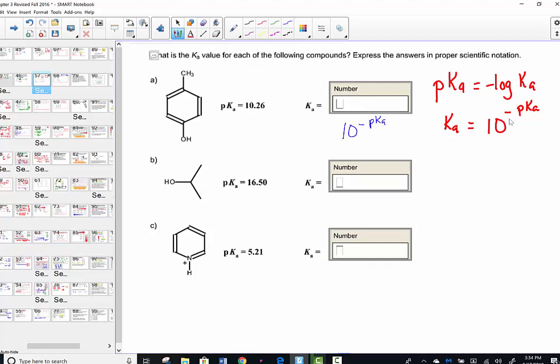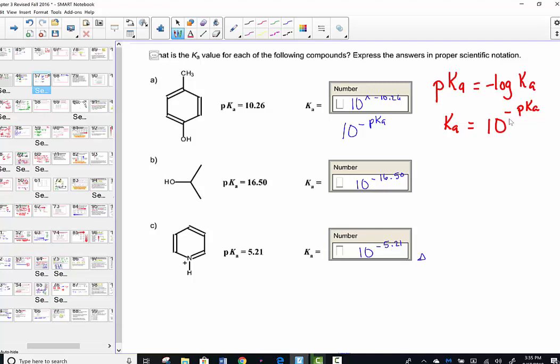So on your calculator, you would hit 10 raised to, that's the caret key, negative 10.26. 10 raised to the negative 16.50. 10 raised to the negative 5.21. And hit equal, and you'll have a solution.